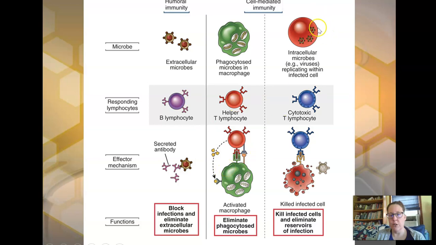And then if you have intracellular microbes like viruses that are replicating within an infected cell, some of those antigens are going to show up on the cell membrane, and the cytotoxic T lymphocytes can be activated against them.